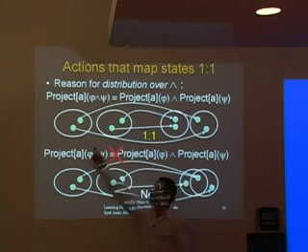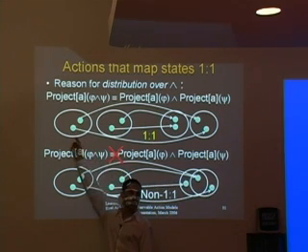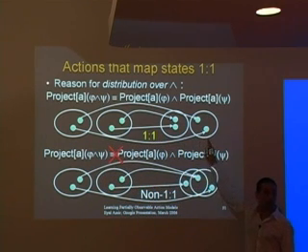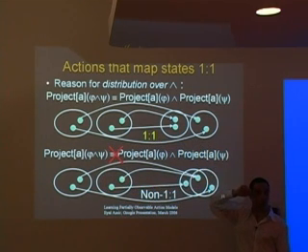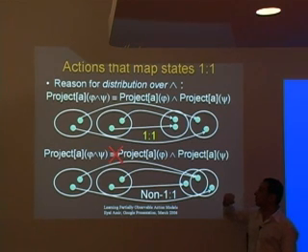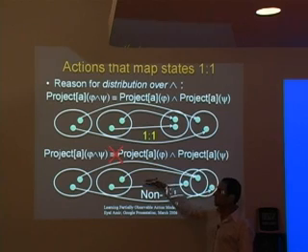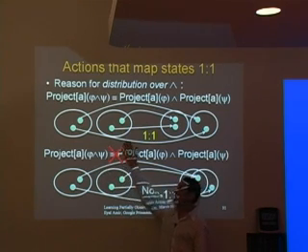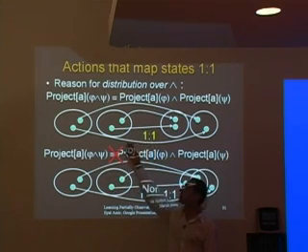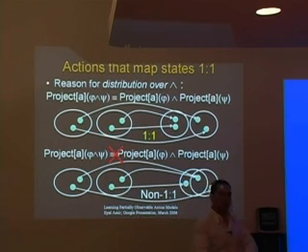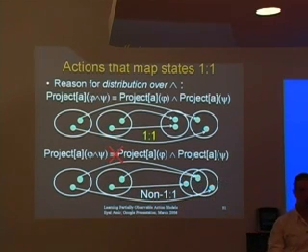When we have an action that maps states one-to-one, then it cannot be that the two sets will intersect after the action if they didn't intersect before the action. Okay, so this kind of insight allows us to say that if the actions map states one-to-one, then I can break the update of a formula into an update of its smallest pieces.